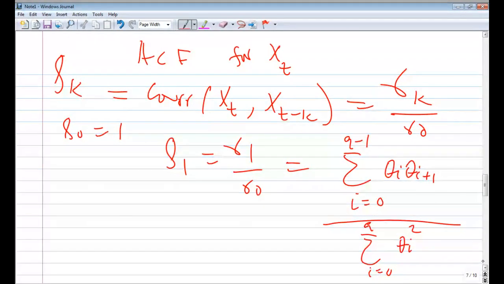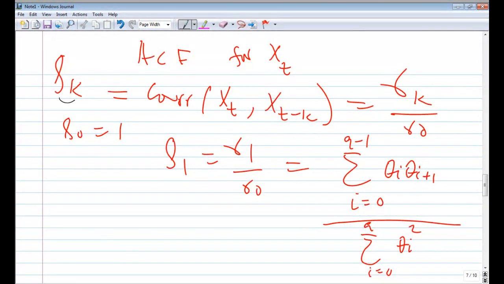Okay. Here we're talking about the autocorrelation functions for moving average of order q. So now the autocorrelation function at lag k, which is called rho k, is defined as the correlation of xt and xt minus k, which is equal to gamma k over gamma 0. That is the general one.